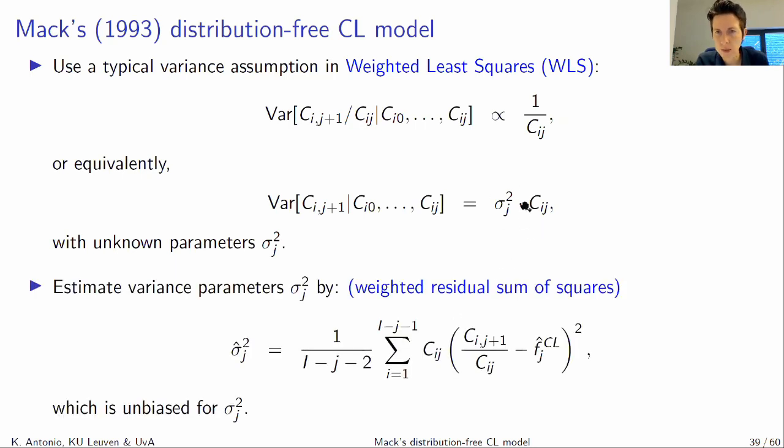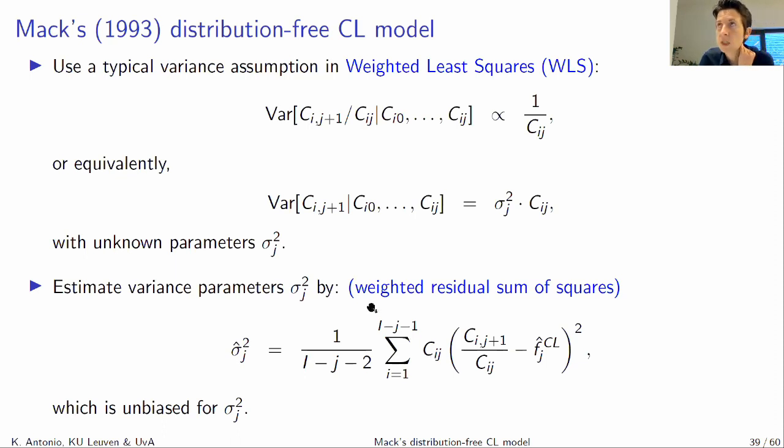And how is he going to estimate these variance parameters? Since we're thinking in a weighted least squares way, we can use an estimator from that literature, called a weighted residual sum of squares, to estimate the variance parameter. So you look at the squared difference between the individual development factors and your chain ladder development factor, and you apply the weight that we introduced earlier on.